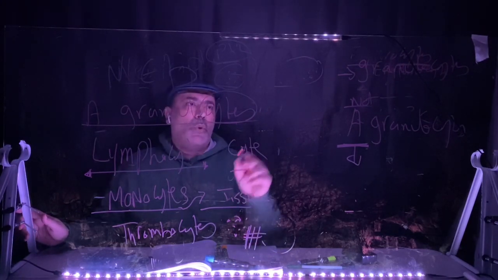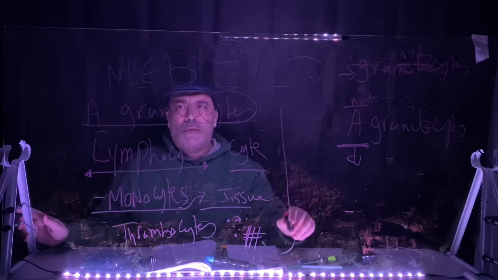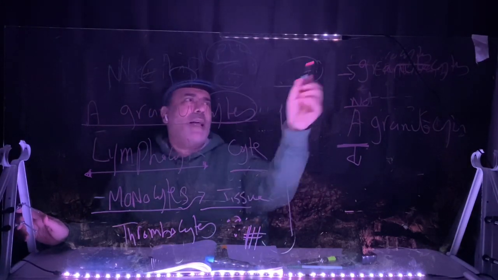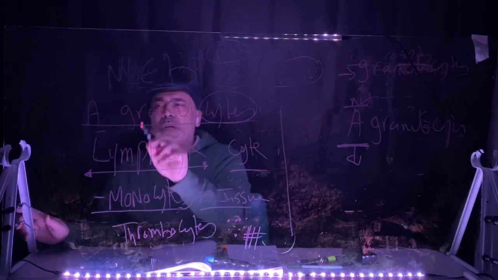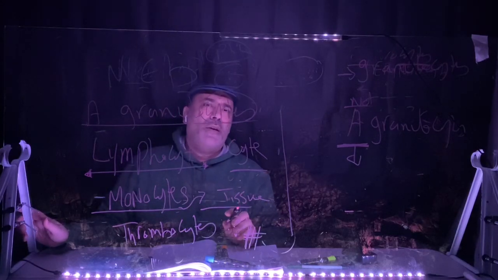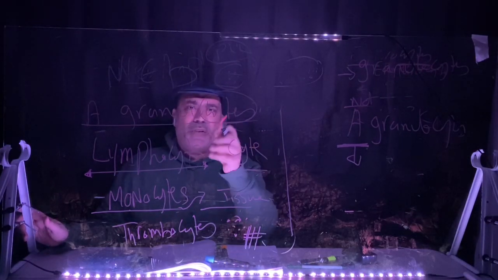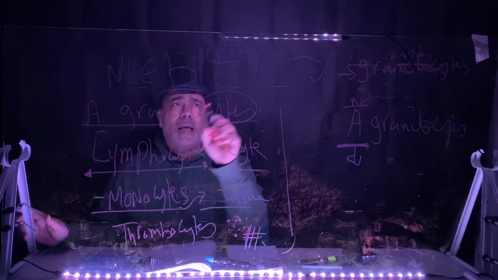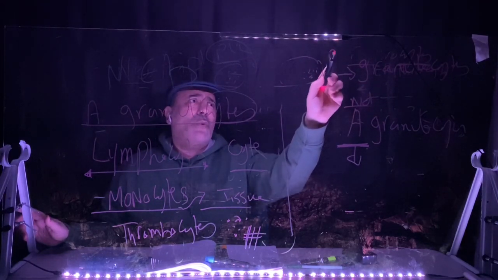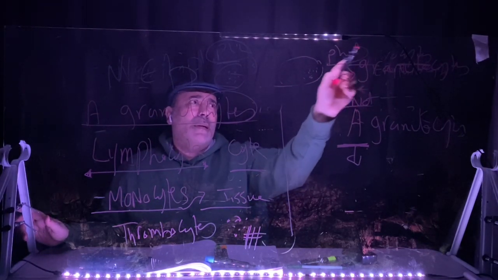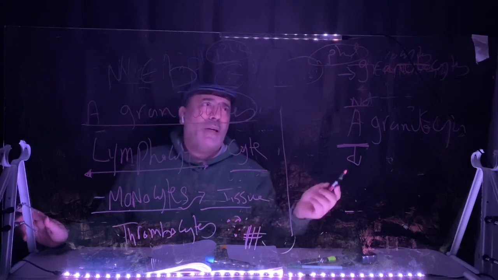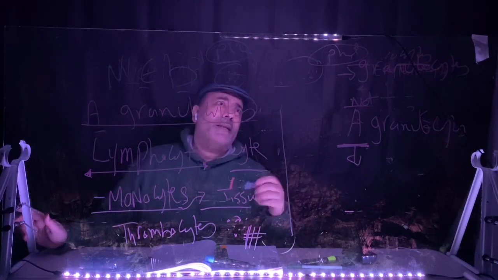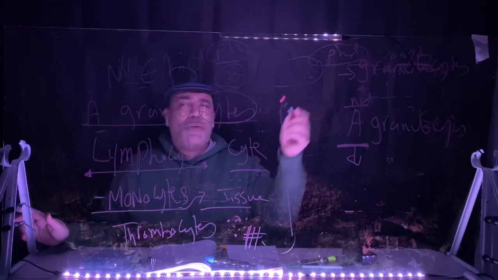Okay, so now we know that granulocytes have granules inside. Agranulocytes do not have granules in the cytoplasm. The granulocytes always end with phil: neutrophil, eosinophil, basophil.